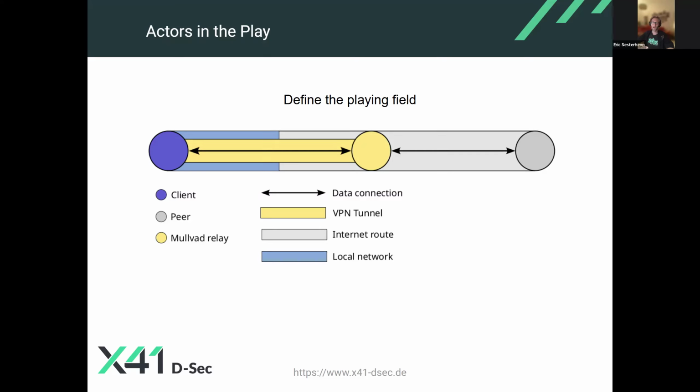But there are other parties that might be involved that are not as easy to see. One party might be another person on the client computer, right? If there's a second user account that might be compromised, is that something that you would consider as attack surface? And for Mullvad, this was quite clear.